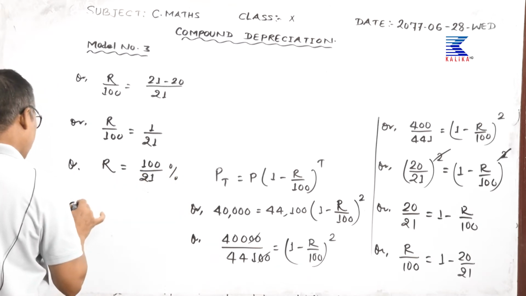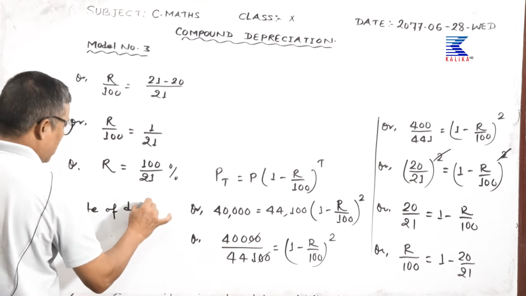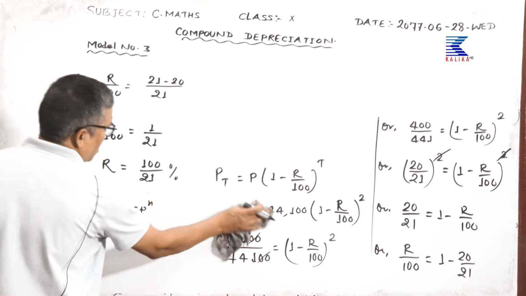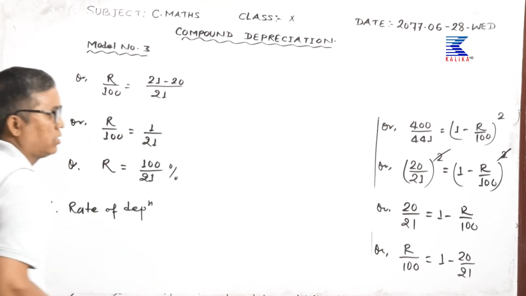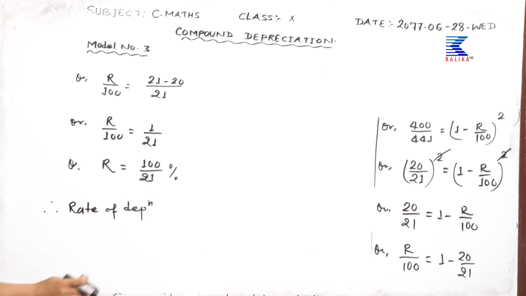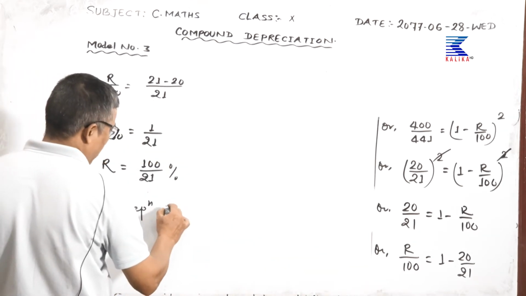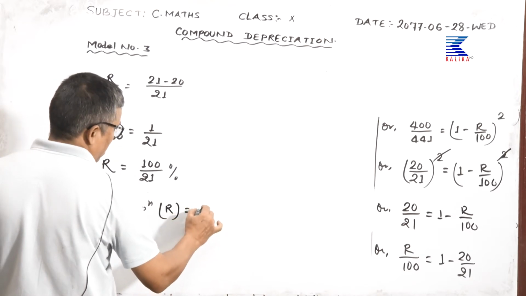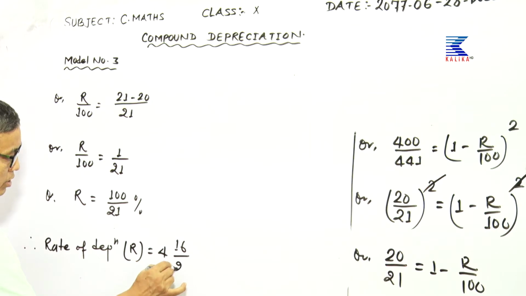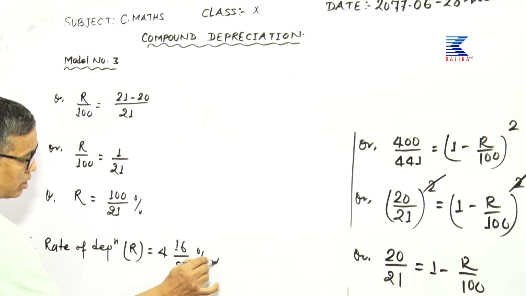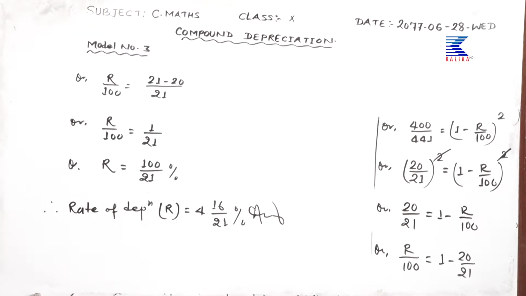Therefore, the rate of depreciation of the computer, R, is equal to 4 and 16 by 21 percent. This is the answer of this question.